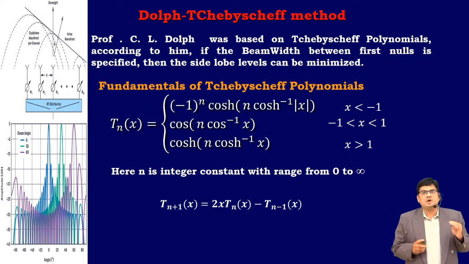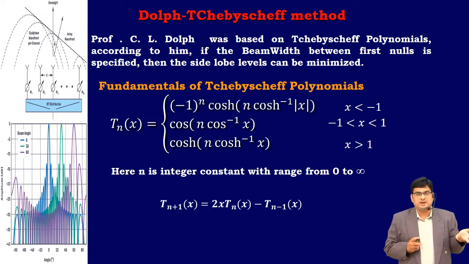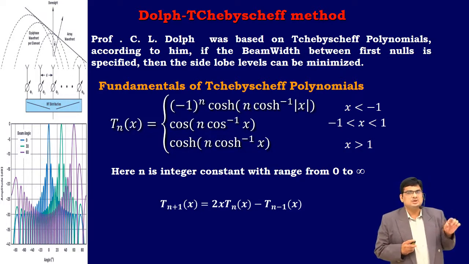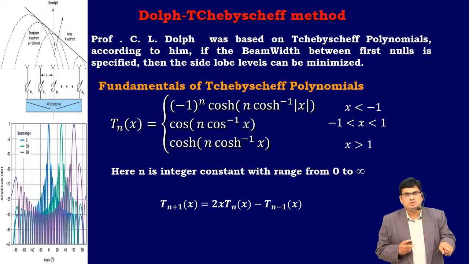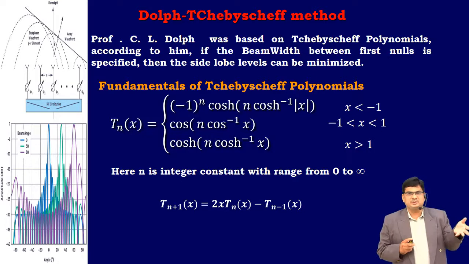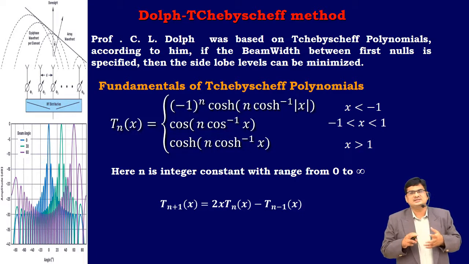To find T5, put n equal to 4: T5 of x is equal to 2x into T4 of x minus T3 of x. We know T4 and T3 from the previous polynomials, so substitute those values and find T5, T6, T7 and all the higher order polynomials.